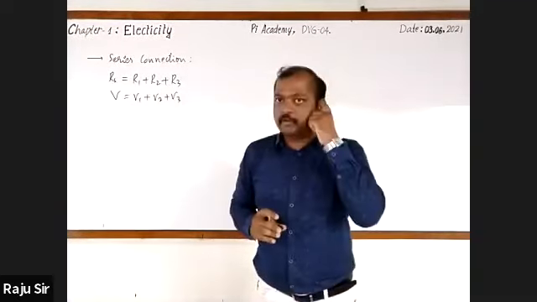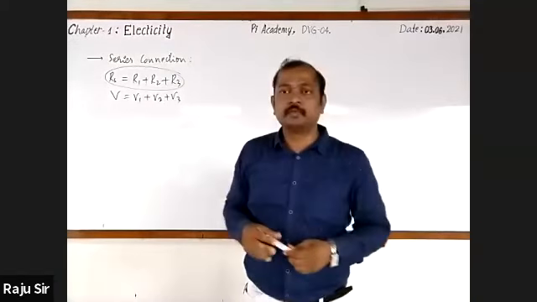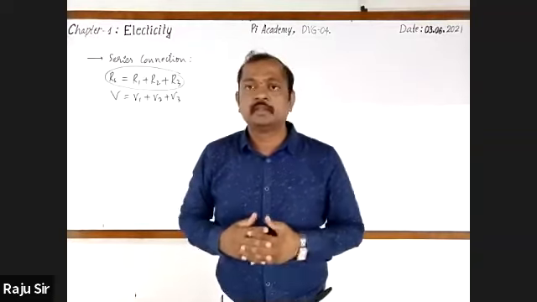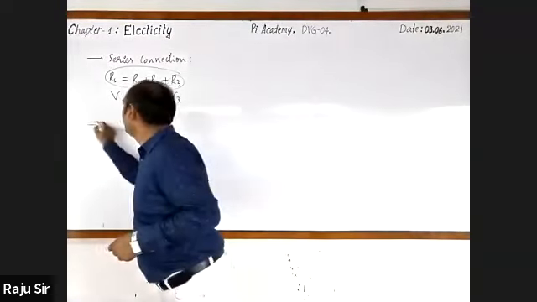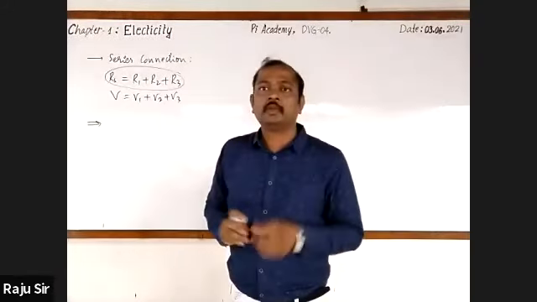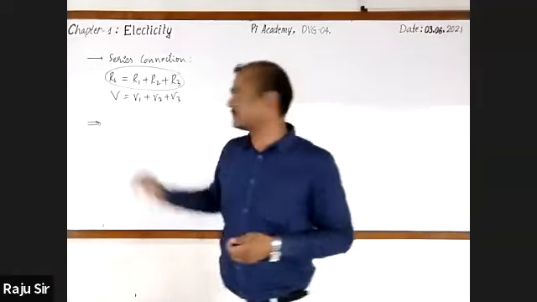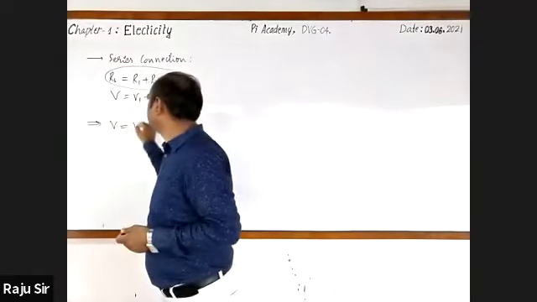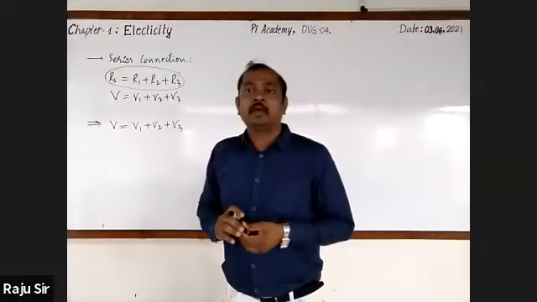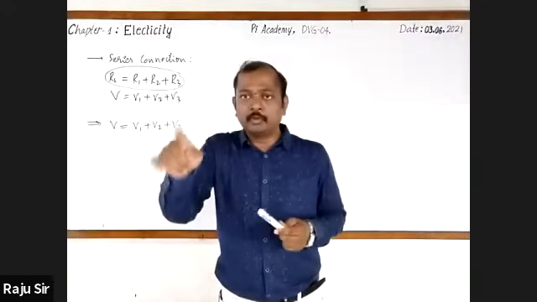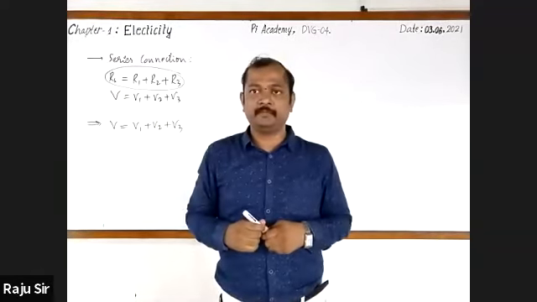And we have even derived the formula to find the total electric resistance when the resistors are connected in series. Just to recall a few steps. We know that the voltage of the battery is equal to the sum of voltage across each resistor, and we write this as V is equal to V1 plus V2 plus V3. And the amount of current flowing through all the resistors is the same.